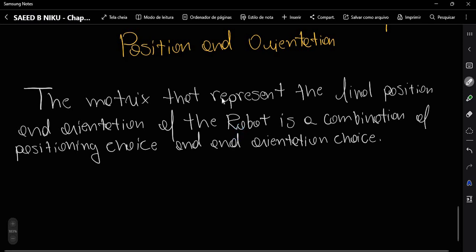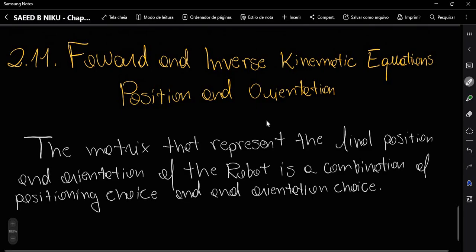And this is basically what I have just explained to you, the reason why we use forward and inverse kinematic equations.